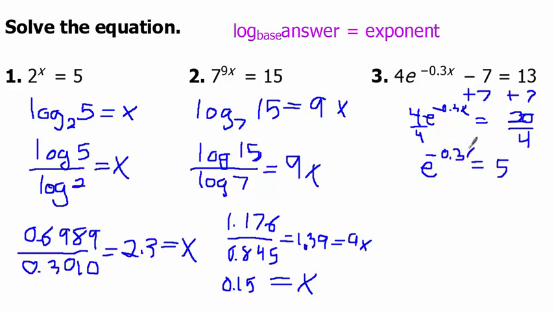So now we're ready to take ln. 5 equals negative 0.3x. So in this case, we can actually just grab a calculator for ln of 5, and then we're going to end up dividing that by negative 0.3. Make sure when you do that, the calculator is going to give you parentheses.